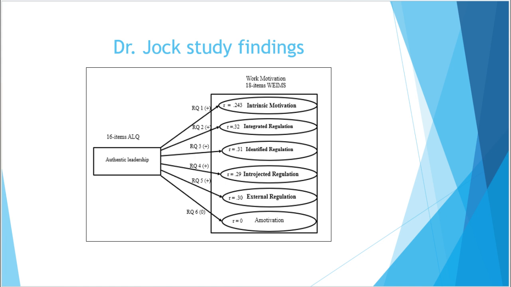So it's looking at the different qualities of motivation we discussed earlier. How does it correlate with those? I found that it positively correlated with intrinsic motivation, integrated regulations, identified regulations, introjected regulations, and external regulations.